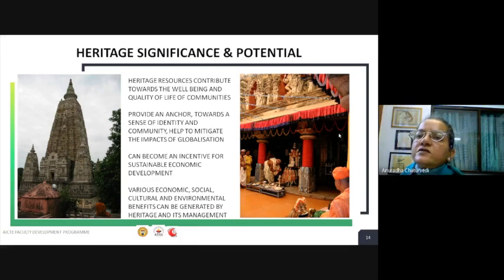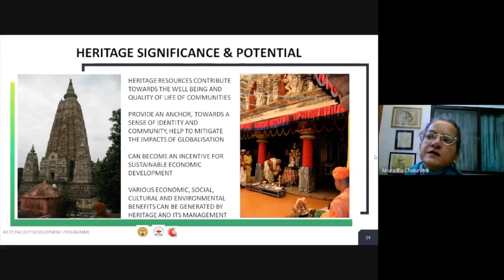So, heritage resources can become an incentive for sustainable economic development, and there are various economic, social, cultural, and environmental benefits that can be generated by appropriate use of the heritage resources and integrated heritage management within the developmental process.